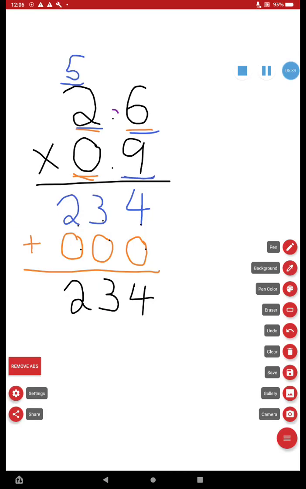Here's a decimal point. How many numbers are to the right? There's 1. Hey, but my second number also has a decimal point. How many numbers to the right? 1. So how many numbers total are there to the right of all the decimal places? 1, 2. So that means my answer needs 2 decimal places.